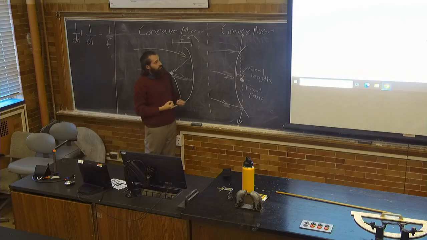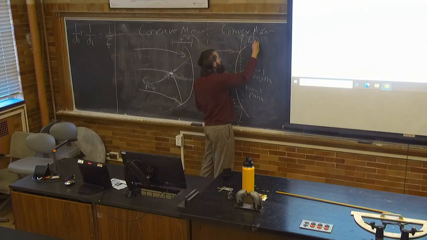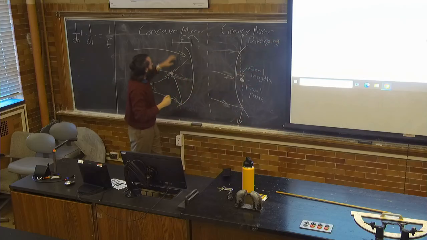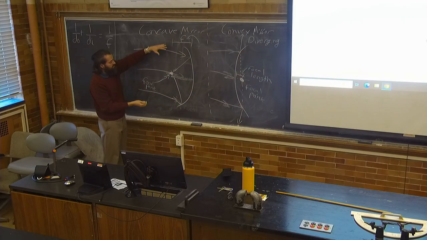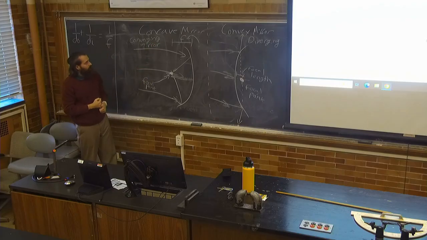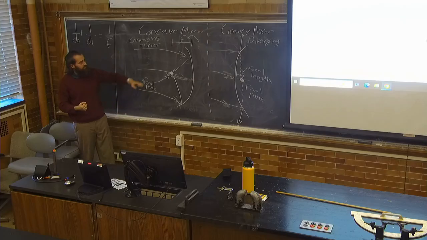So for the convex mirror, because the light rays spread out after they hit it, that's a diverging mirror. And then for the concave mirror, because the light rays come together after interacting with the mirror, that's a converging mirror. So some of the practical applications that you've probably seen for these types of mirrors.